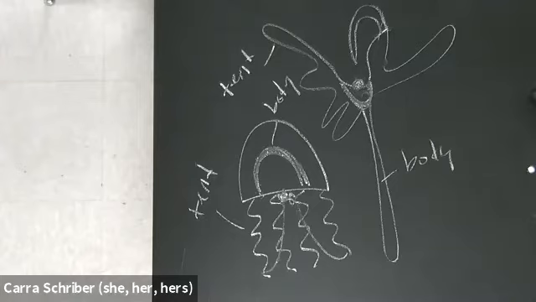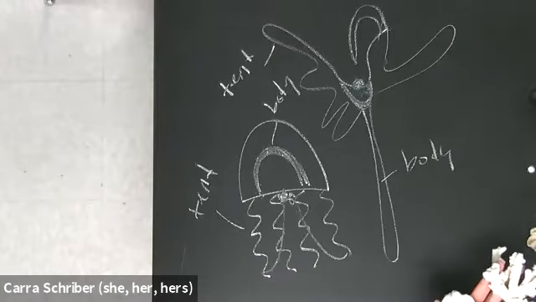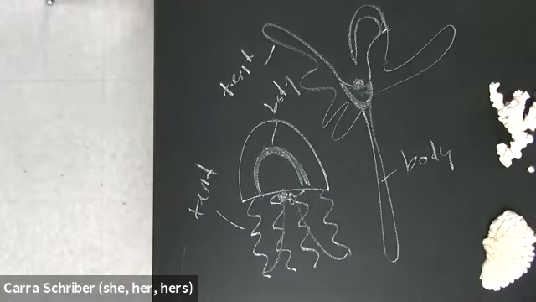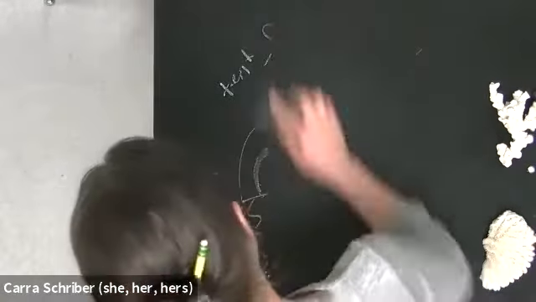So the last thing I wanted to look at with respect to cnidarians are some coral samples. And I don't have any live coral samples, but I just thought we'd look at some of the casings that are left behind when corals die.